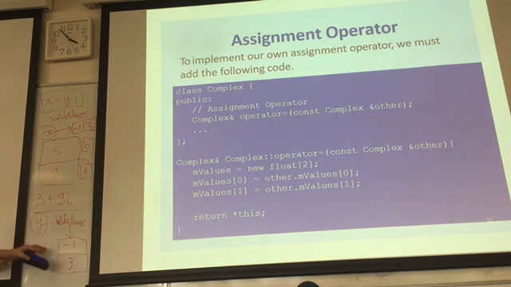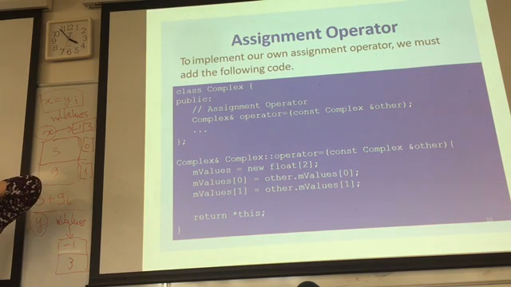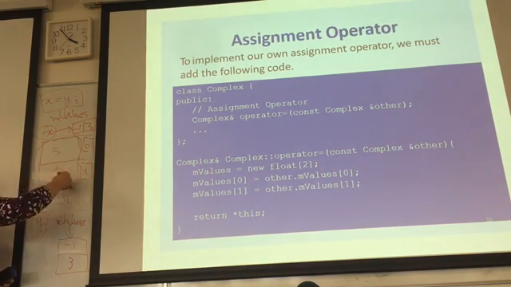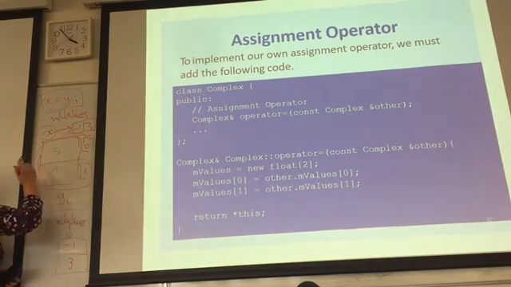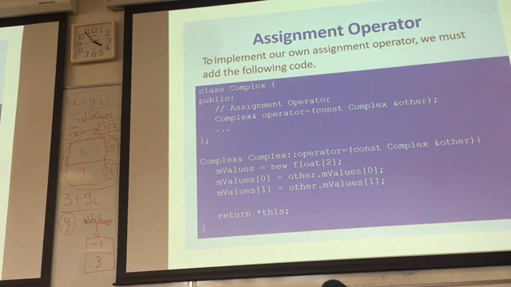Indeed, Y is unchanged, which is good. Y is unchanged. X is changed. What's the problem? What happened to this memory? We lost the handle, so we have a memory leak. But this is not the whole story.